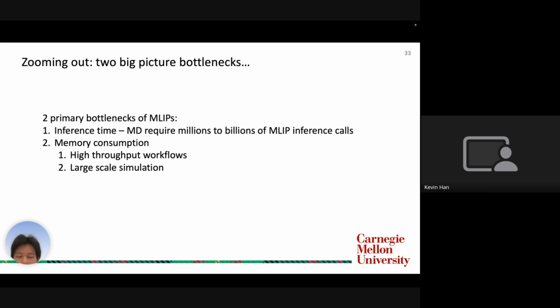The first is that MD just happens to require millions to billions of inference calls, by nature of the integration. The second is that we're bottlenecked by memory if we want to perform ultra high throughput workflows, a large number of small atomic systems all being simulated in parallel. Or we're also bottlenecked by memory if we want to do a large scale simulation, where one system contains a large number of atoms.